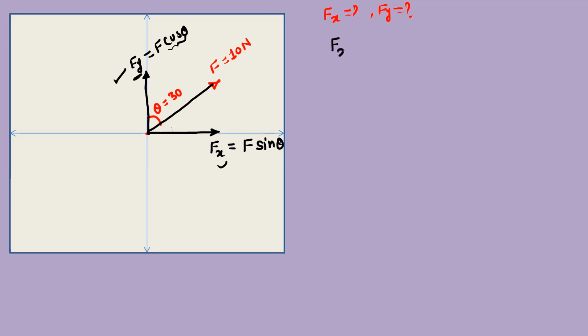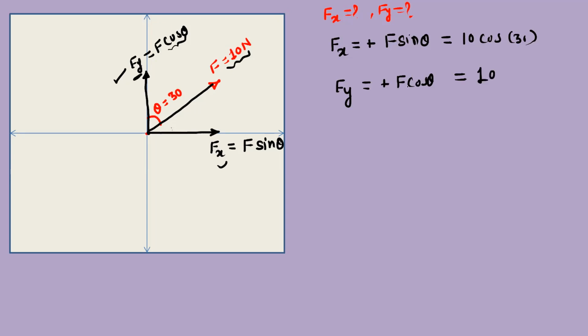So now write the value: Fx is equal to plus, because it is along the positive x direction, F sin theta, and this is equal to, F value is 10 Newton, so it is 10 sin theta, 30 degrees. And Fy is equal to plus F cos theta.